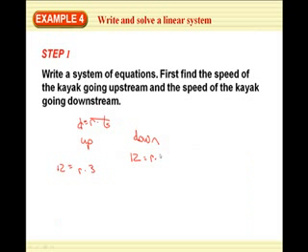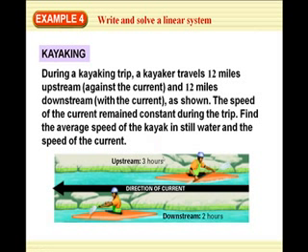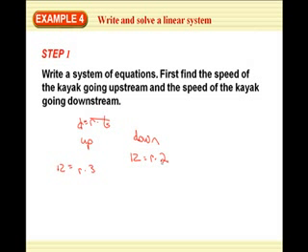This one, the rate times 2 going downstream. So if we solve this one, divide by 3, his rate is 4 miles per hour going upstream. His rate is 6 miles per hour going downstream.